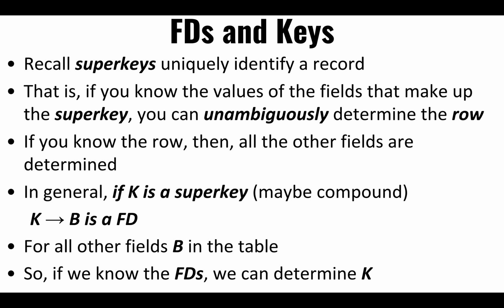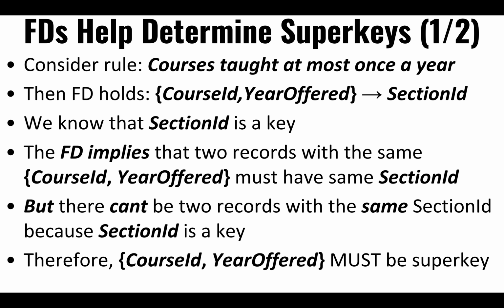So in that sense, functional dependencies can help us determine what the keys are. Here we are using the more generic term superkeys. If you remember, a superkey is a set of fields that uniquely identify me, but it might include some superfluous fields, yes?